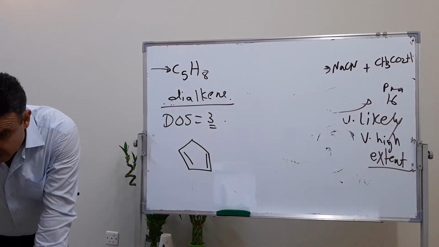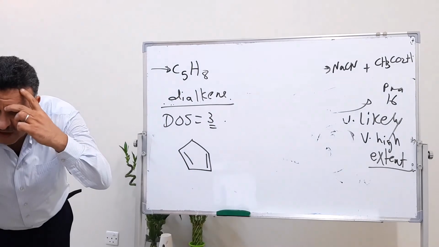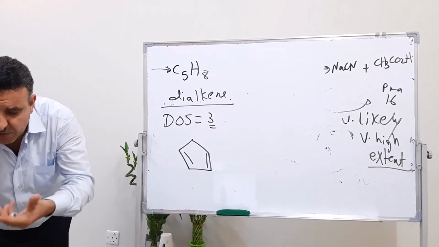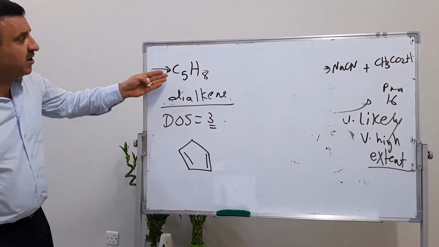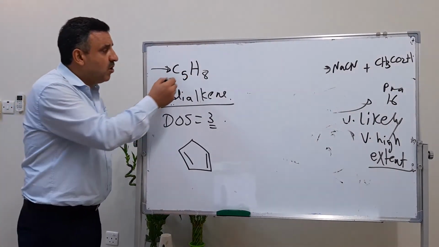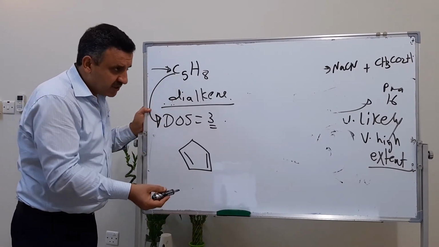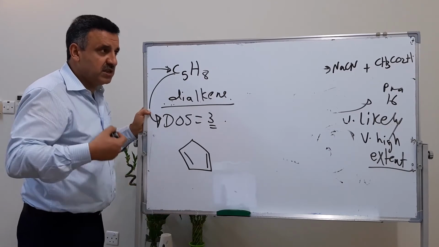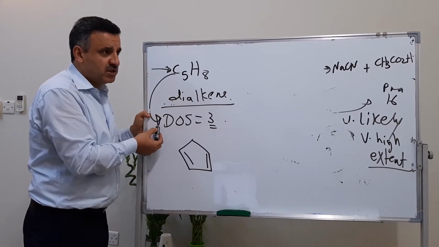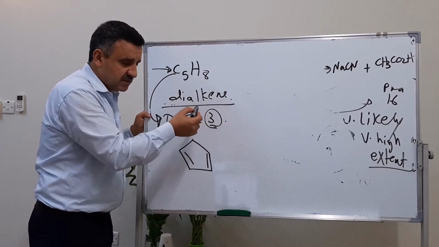Now, the easiest way to have a comprehensive idea about what we are dealing with, first of all, from the molecular formula, is to always calculate the degree of unsaturation. Once you calculate it, you will find the degree of unsaturation is equal to 3, isn't it?